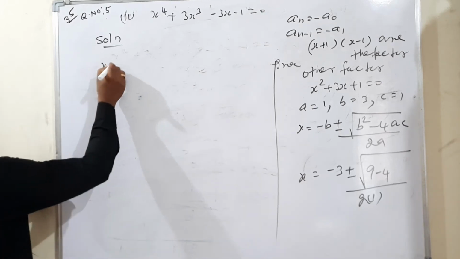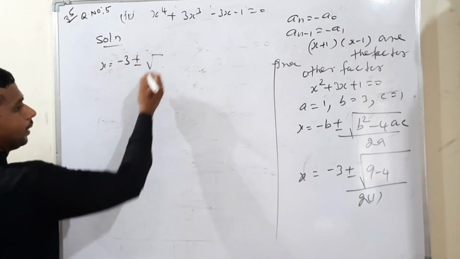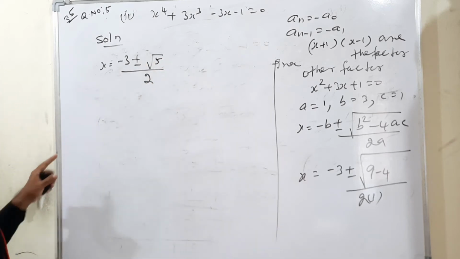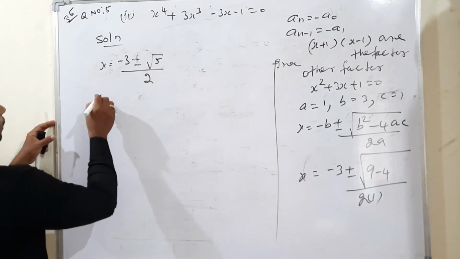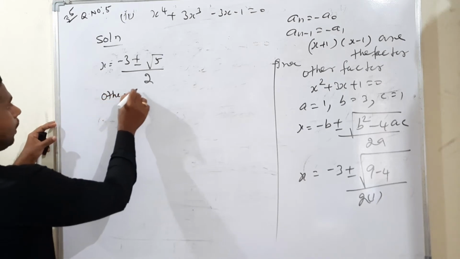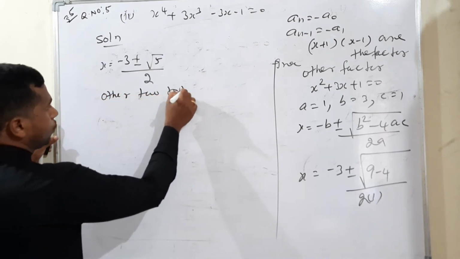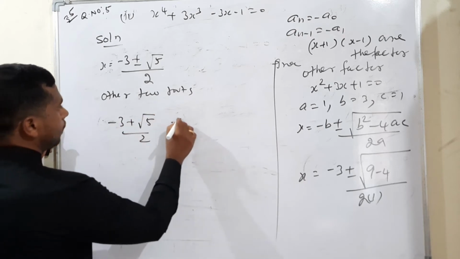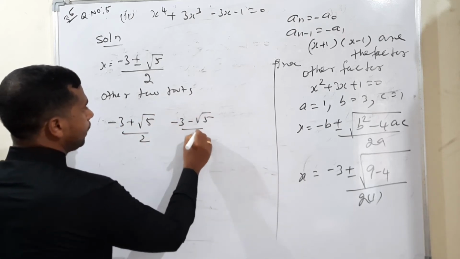So, x is equal to minus 3 plus or minus square root of 5, divided by 2 only. Therefore, the other two roots are minus 3 plus square root of 5 by 2, and minus 3 minus root 5 by 2.